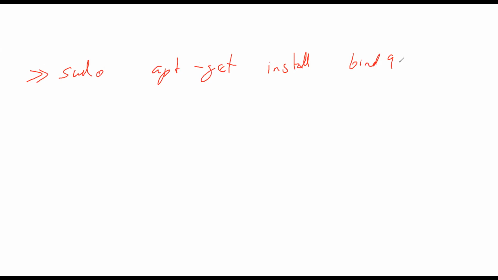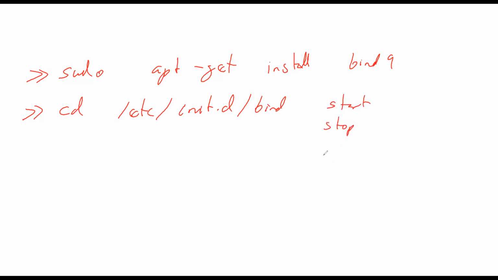You might want to check out this folder if you'd like. Go to etc, cd into etc/init.d/bind9. Take a look at the programs there. That should be an executable that you can start, stop, restart, etc.